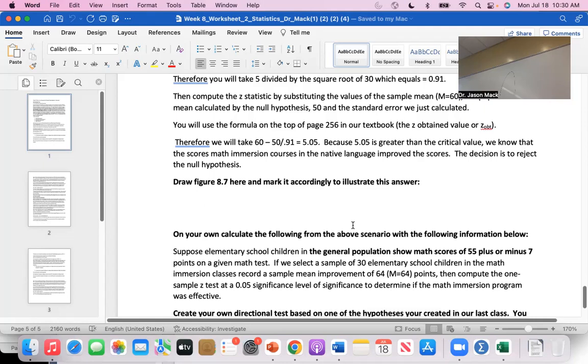If you don't want to do a completely original one, you could say something like the math scores show 60 plus or minus 5, and then a new mean improvement of like 70 or 73, and then you just plug it through the steps again, and that'd be how you create your own.